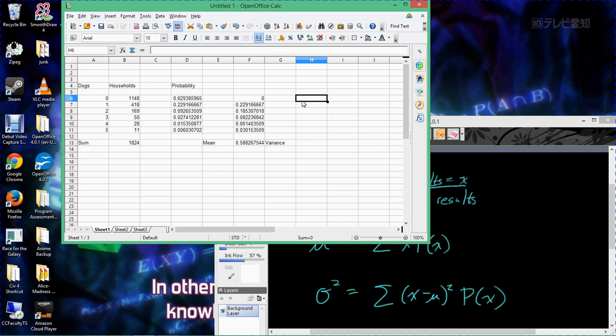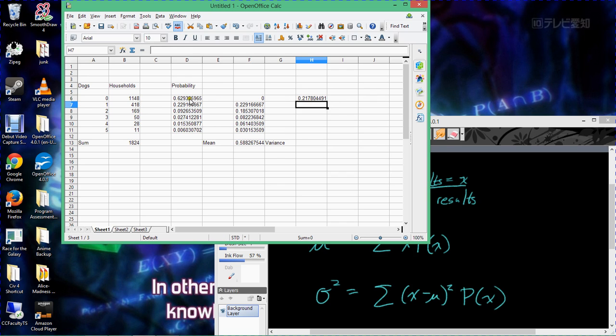So I'm going to say this is equal to x minus the mean, and again I'm going to go up here and throw in dollar signs so that it always takes that same value, and then I want squared, and then times the probability.